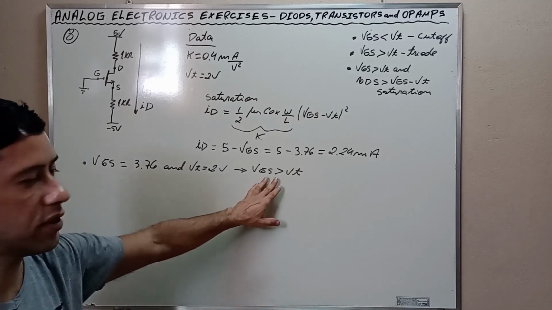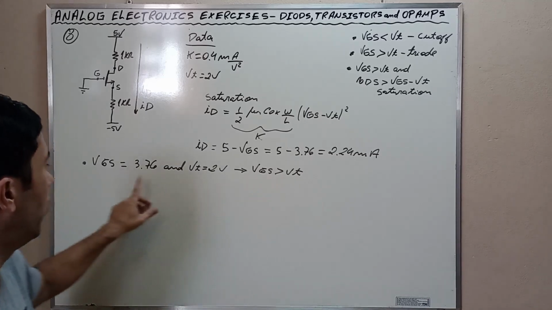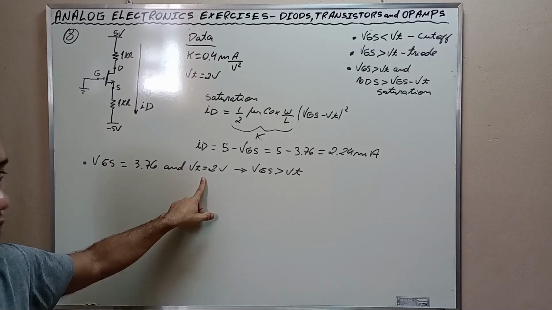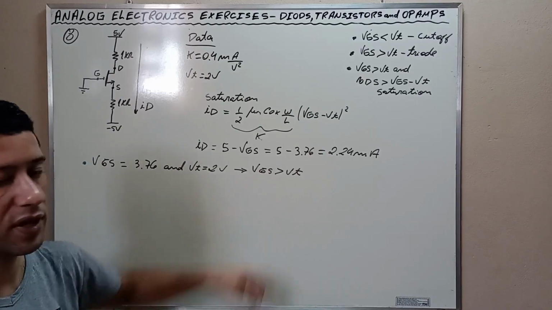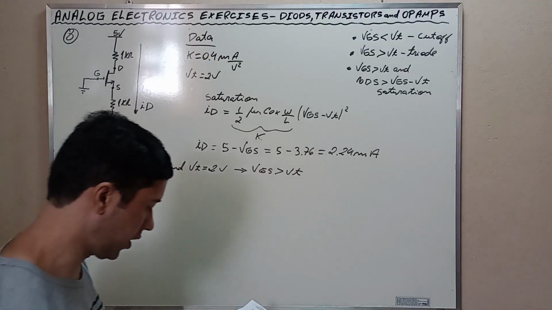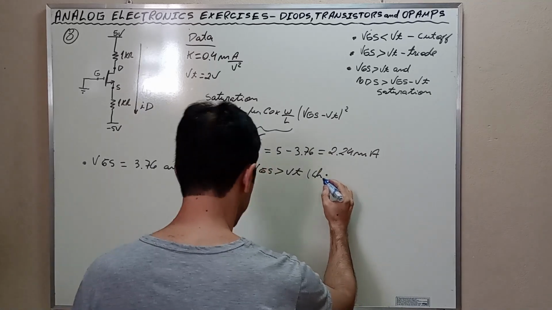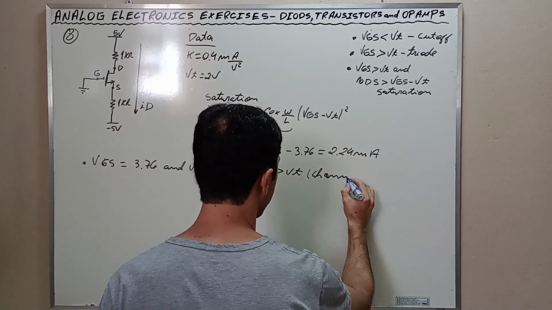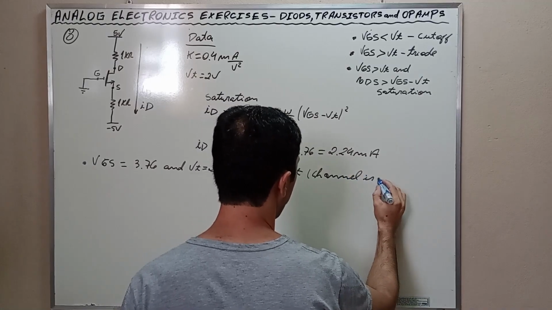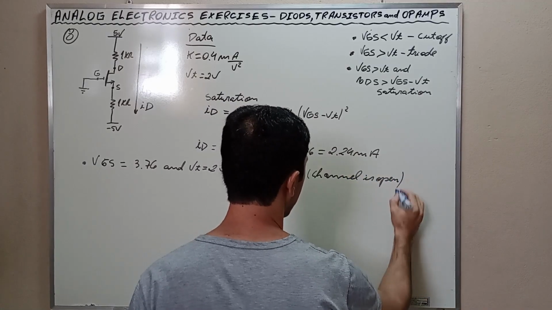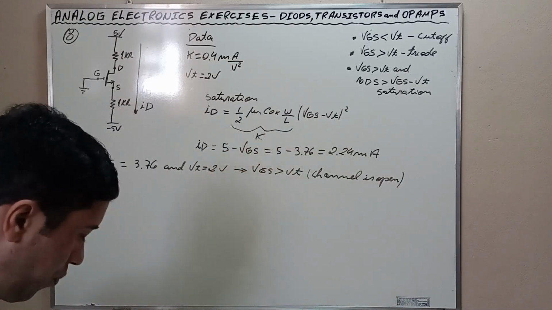And what does this mean? When VGS is greater than Vt, it grants that the channel is open, okay? The channel is open.